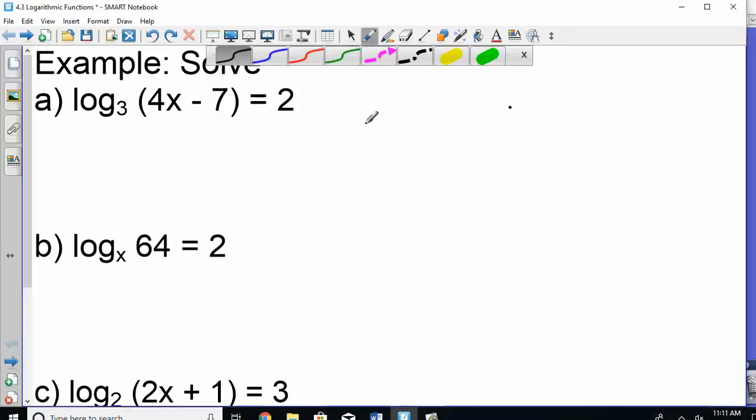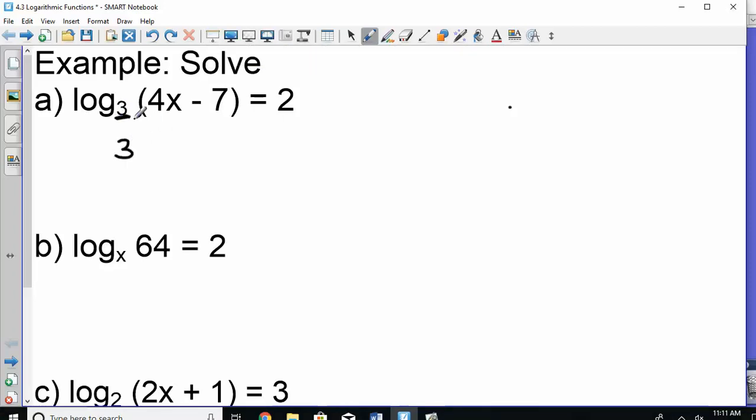Okay, back to this. How would I solve this logarithm? Any ideas? Okay. We need to try to get the x by itself. The only way to do that is to use our definition. So we can write this so we don't have a logarithm at all. Remember yesterday we said the base of the log is the same as the base of the exponential.